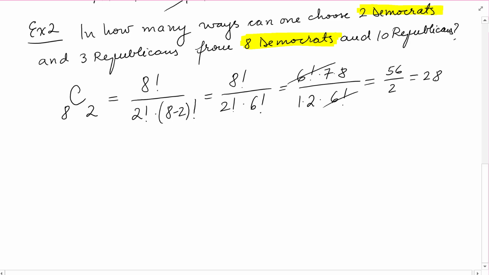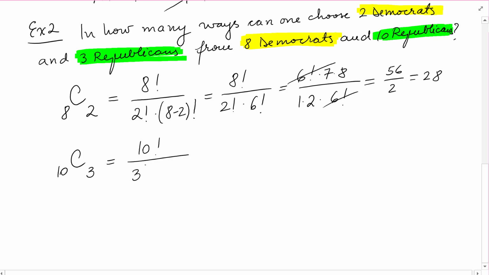Now let's find out in how many ways we can choose 3 Republicans from 10 Republicans. Again, there is no restriction, so order doesn't matter. The combination of 10 taken 3 times, using the formula, is 10 factorial over 3 factorial times (10 minus 3) factorial.